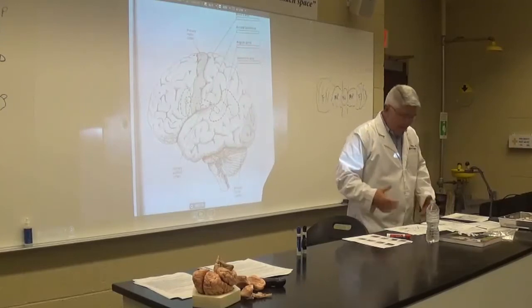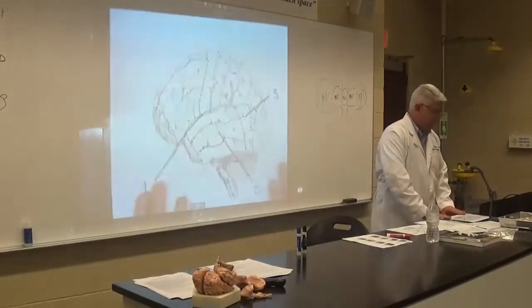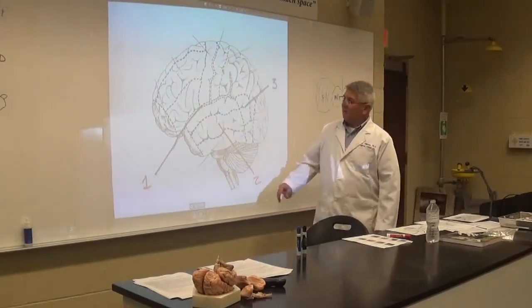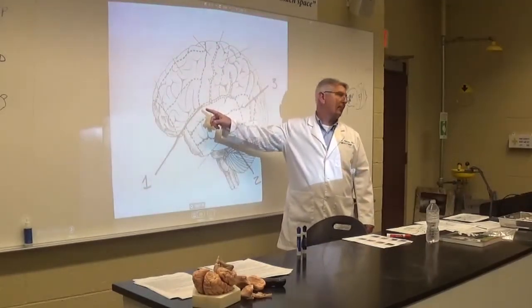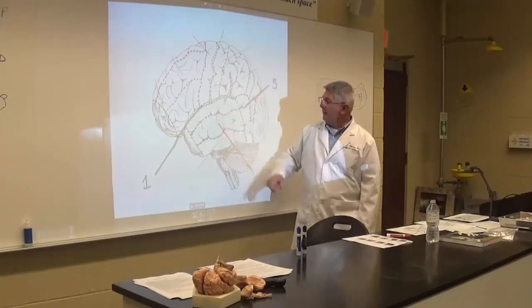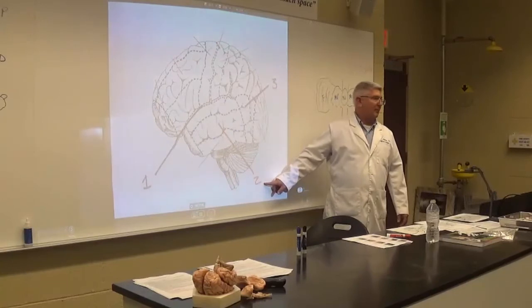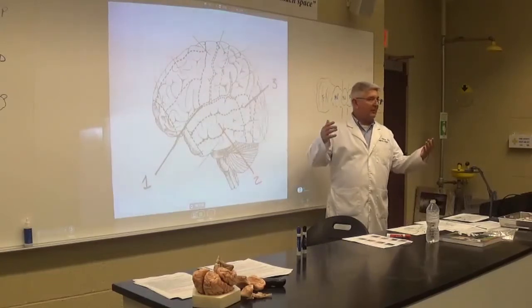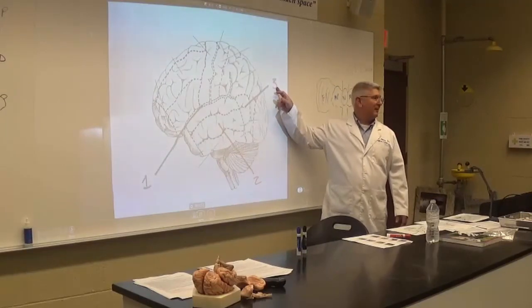So I could have a sheet like this. If this said sulcus or fissure, what would number 1 be? Lateral, right? If number 2 said gyrus, what would it be? Middle temporal gyrus. If it was number 3, what would it be?